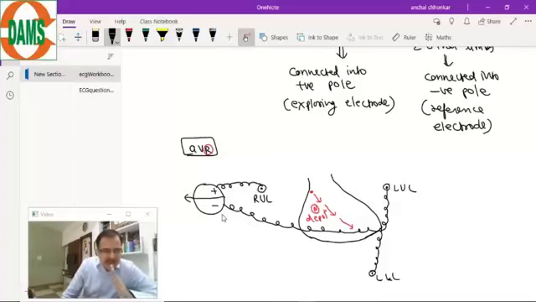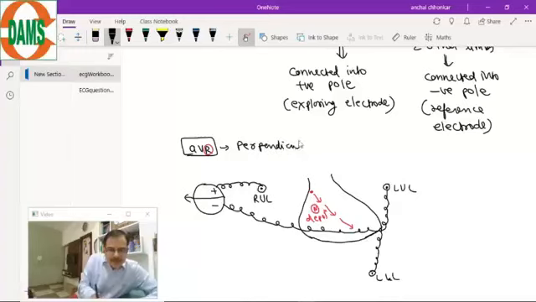The tail will be perpendicular to the line joining left upper limb and left lower leg. So the vector of AVR will be perpendicular to the line joining left upper limb and left lower leg.